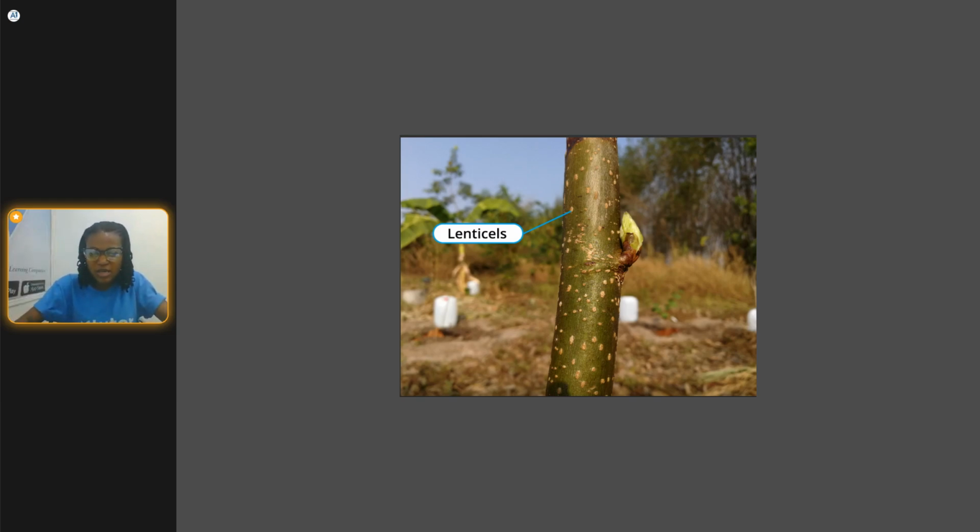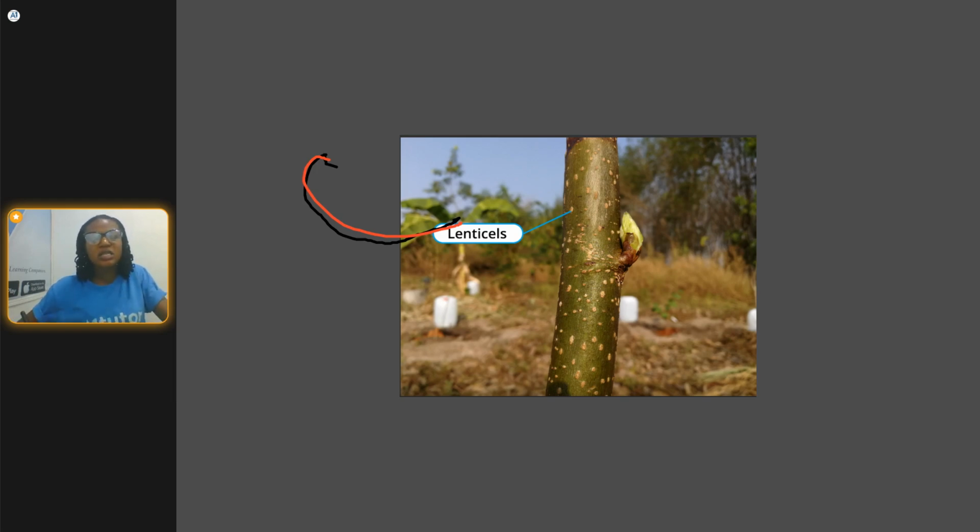So here you can see what is labeled as lenticel. So this is lenticel. The function of lenticel is for exchange of gases, including the release of excess oxygen and carbon dioxide, just like the stomata.